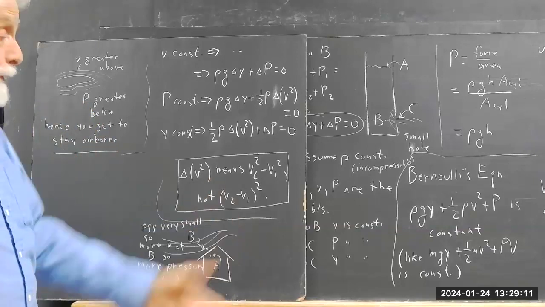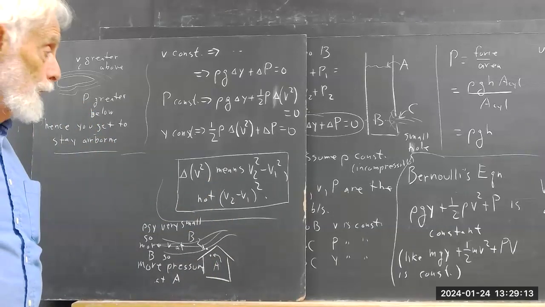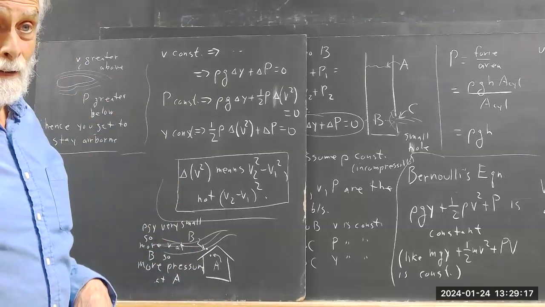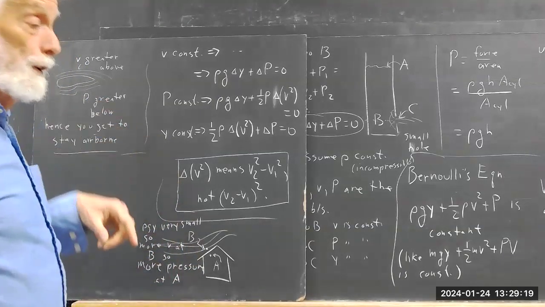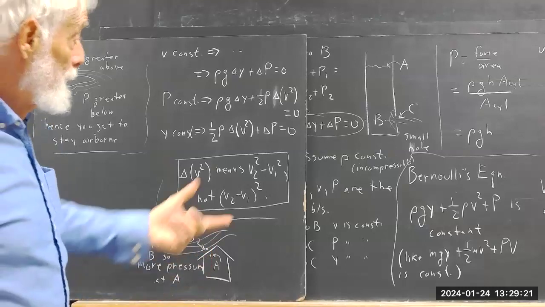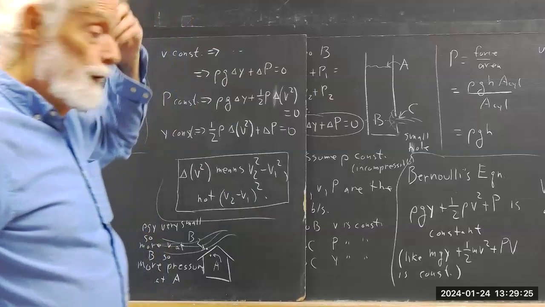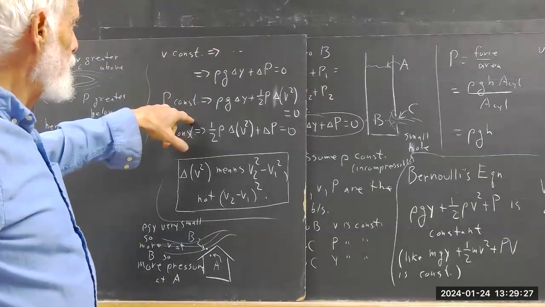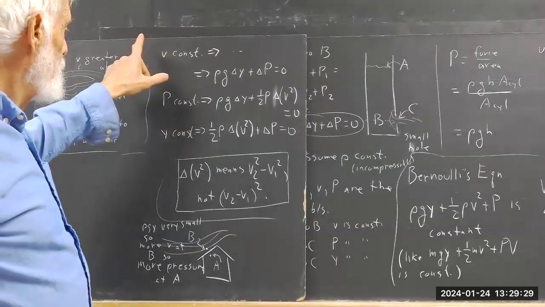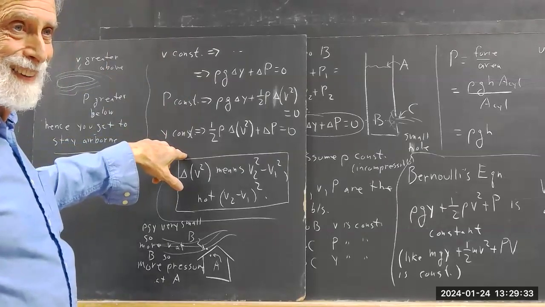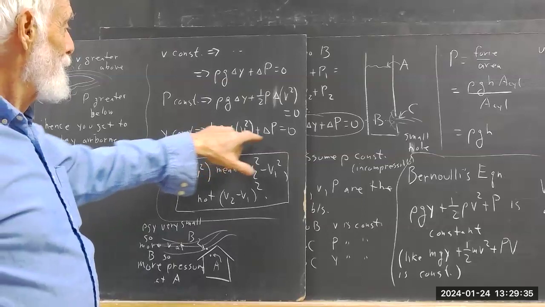And all you've got to do is crunch the numbers. If you know the velocity here and the velocity here, it's easy to calculate the pressure difference. Okay.